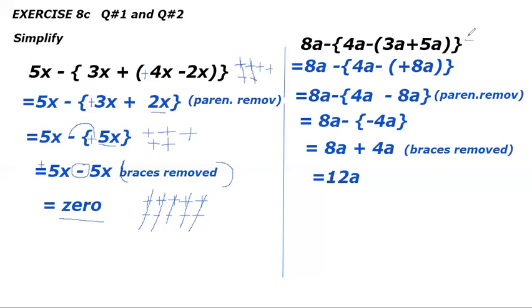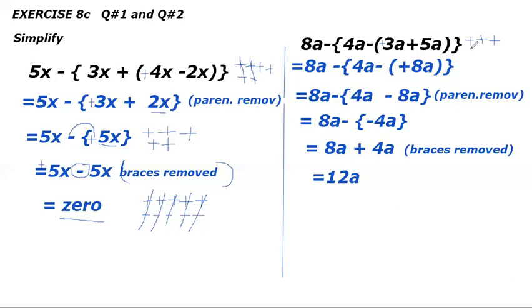3a means that it has a positive sign. The negative sign is outside the parenthesis. This negative sign is not with 3a. 3a has a positive sign. You should know this. Positive 3a means a positive sign, positive a 3 times.